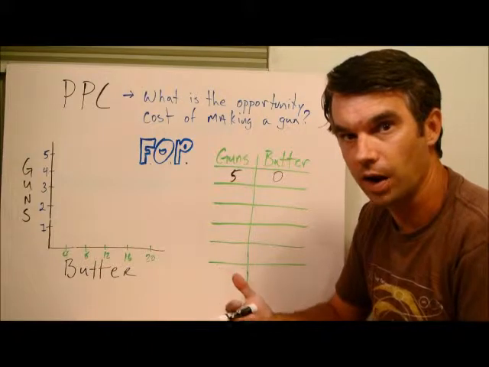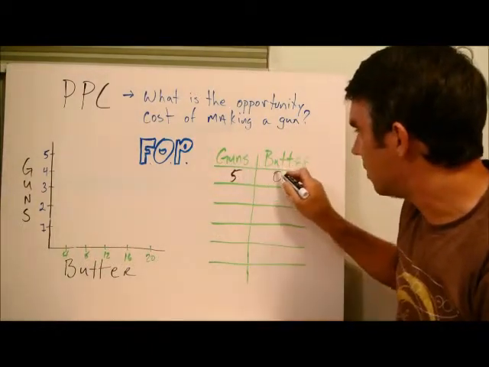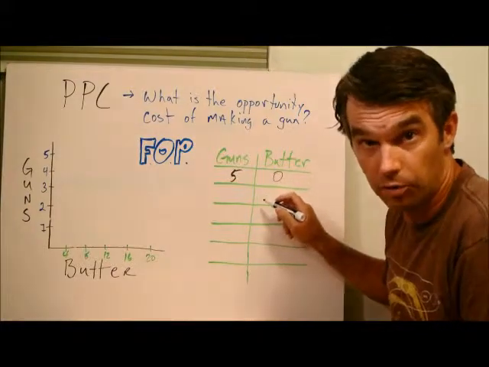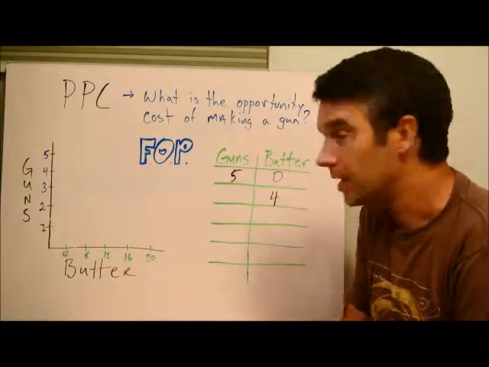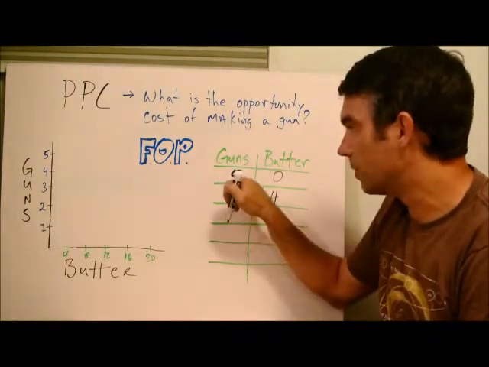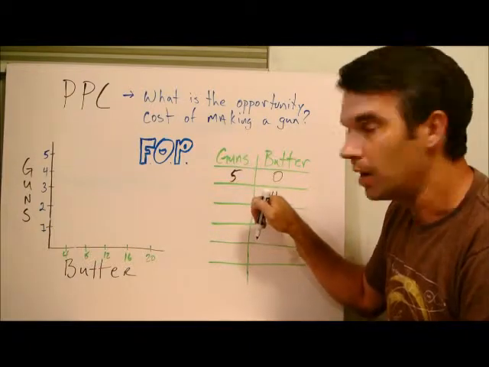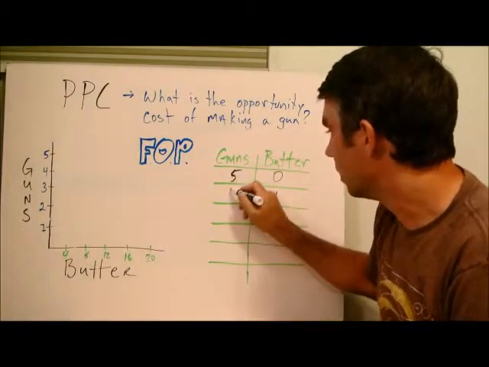Now we need to figure out what's going to happen. If I choose to make 4 butter, what that means is that because I took some of these factors of production and, instead of making guns with them, made butter, I can make fewer guns. So now this is going to be 4.